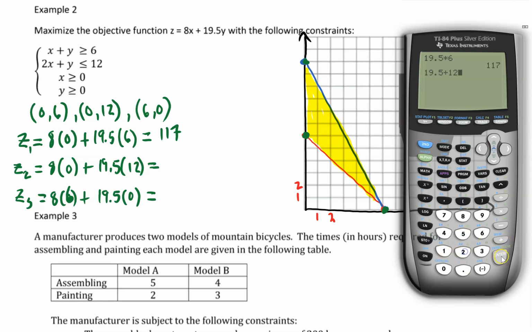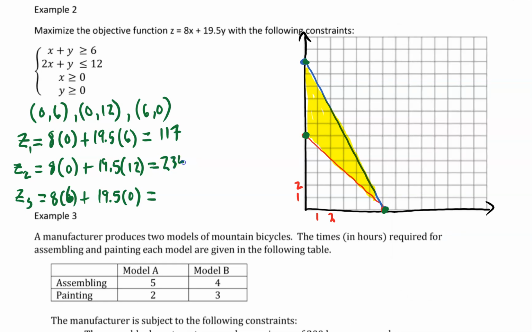Obviously, this is probably going to be the biggest one, and I didn't do that. 19.5 times 12 is 234. And then the last one is 48.